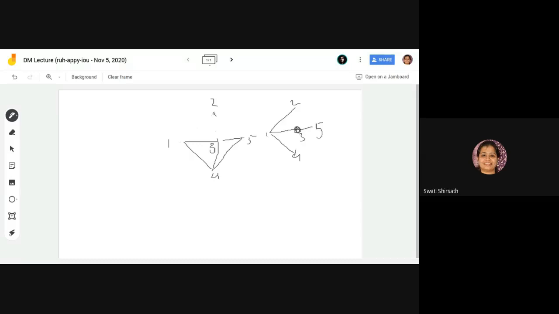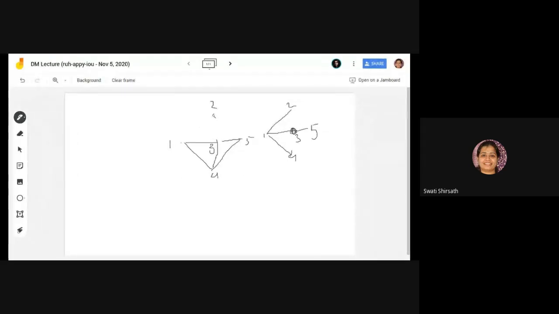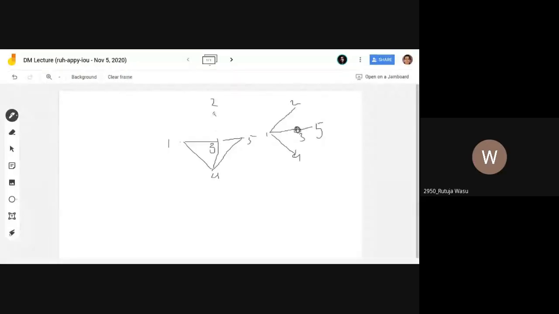So 3 is quite difficult actually. 3 4 and 3 5. 3 5 you cannot take, dear, because it is a branch.